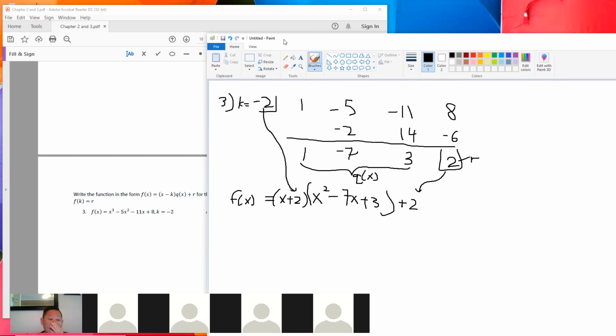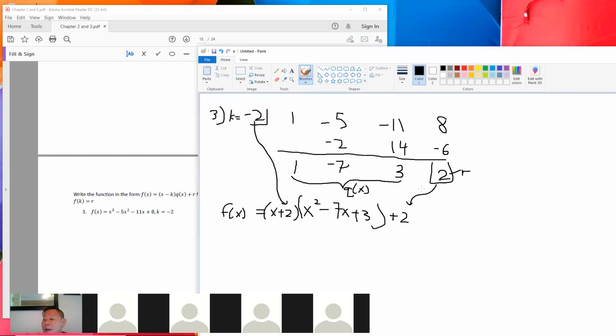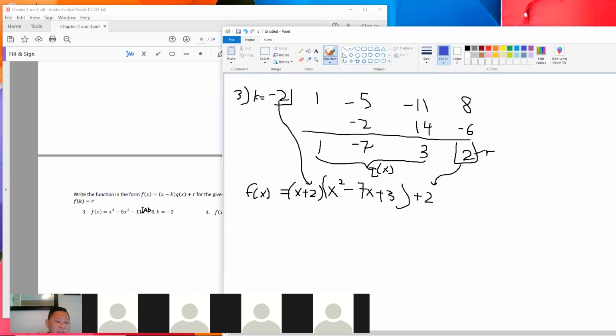There is also another way for us to find the remainder. One way is doing synthetic division. You do all this work and then you find, oh, 2 is the remainder. Another way to figure out the remainder is this. This is also a theorem. If you just replace x with the k in the function, so you find f of negative 2, because your k is negative 2, you plug it into the x here.